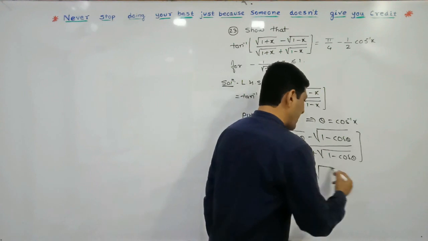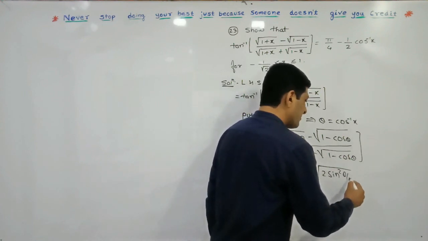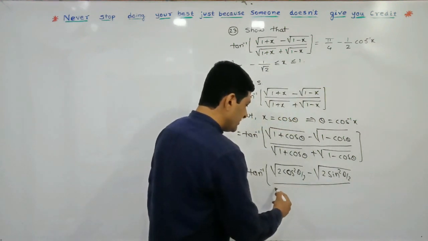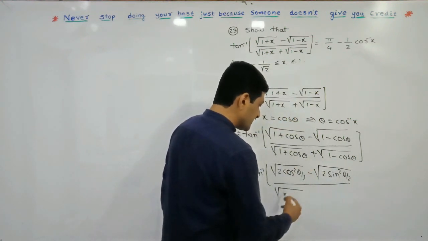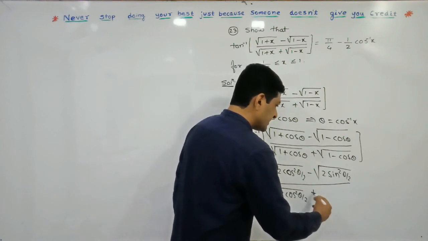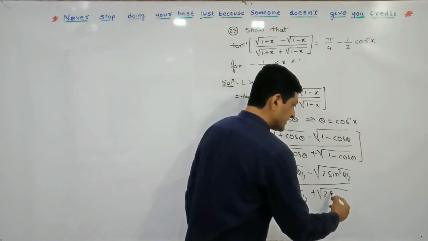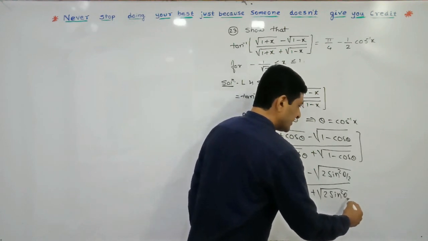Keep this under root as it is. Just substitute 1 plus cos theta equal to 2 cos square theta by 2. Minus under root, the value of 1 minus cos theta is 2 sin square theta by 2. Same way in the denominator, 1 plus cos theta can be replaced by 2 cos square theta by 2 plus, keep the under root as it is, and 1 minus cos theta can be replaced by 2 sin square theta by 2.